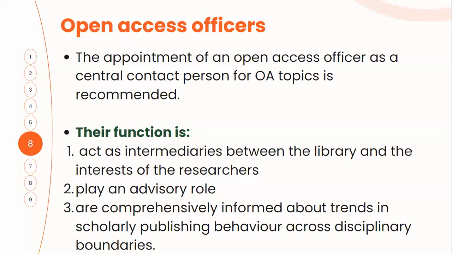And they should have the knowledge to provide advice, to play an advisory role as well. These people should comprehend trends and scholarly publishing behavior across disciplinary boundaries, if you get what I mean. So if they are librarians, they need to know about trends in biology, ecology, genetics, engineering, mathematics, and the humanities as well.